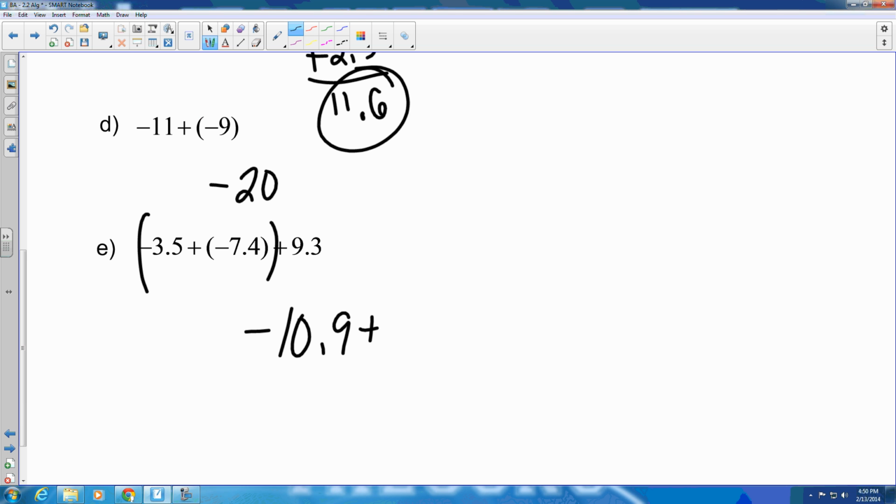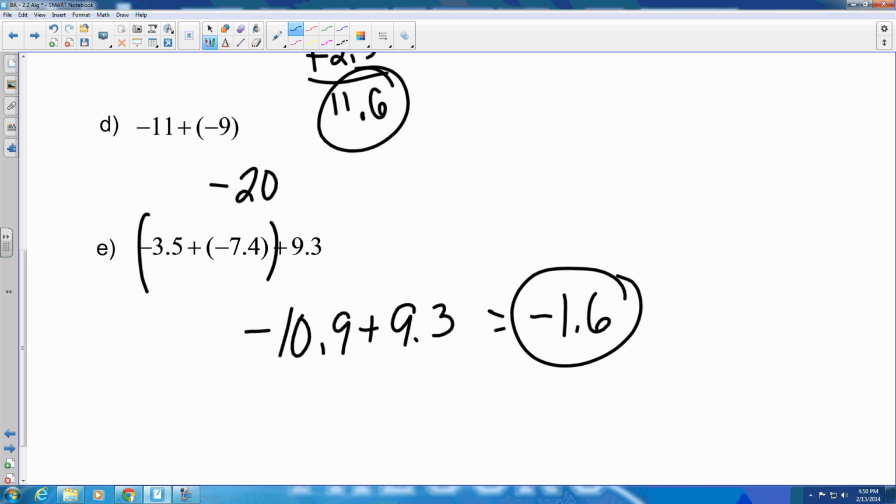And then I just take that negative 10.9 and add it to 9.3. Since they're different signs, you subtract their absolute values. I know it's going to be negative because 10.9 is a larger number than 9.3 in absolute value, so it's going to be negative 1.6.